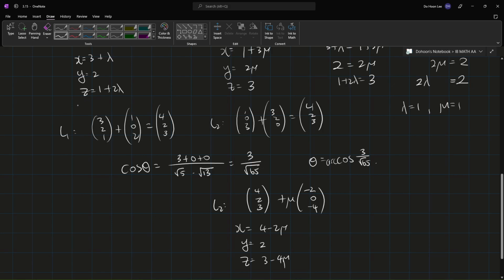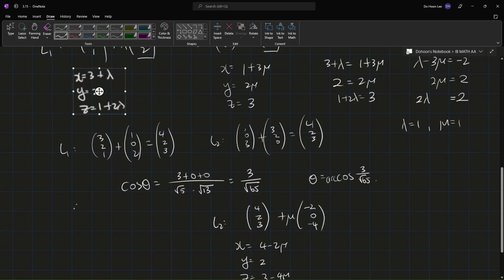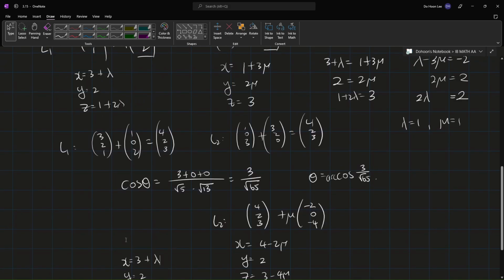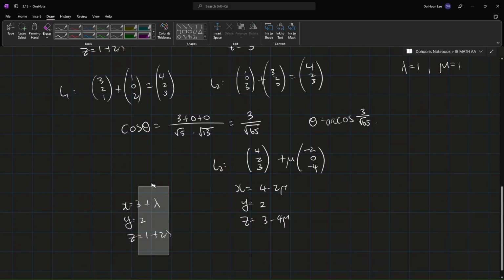So if I bring the equations from above, I know the same thing. I want x and y and z to be equal.